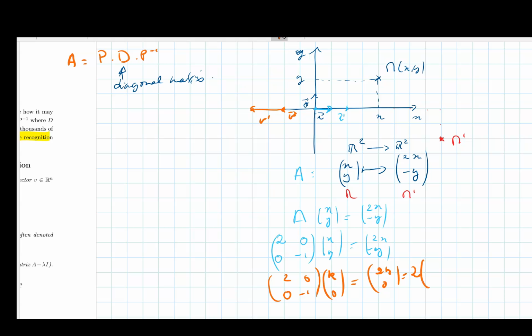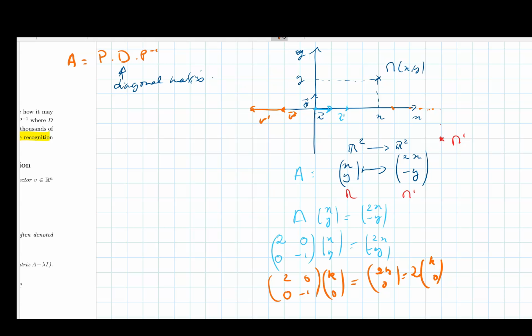I just multiply the original vector by 2. So the vector corresponding to anything on this x line is going to be sent to another collinear vector, to this one. It's just going to be sent to 2 times itself.